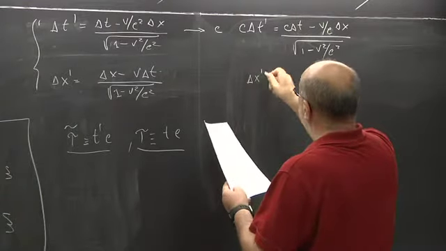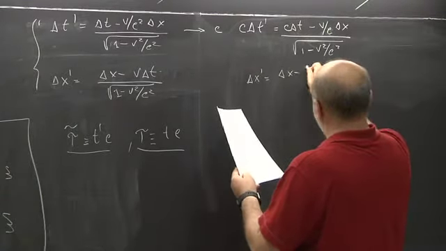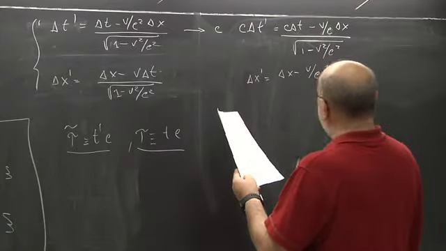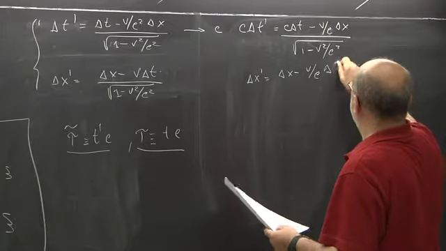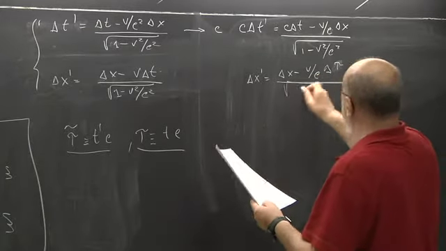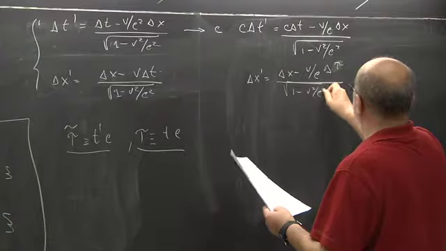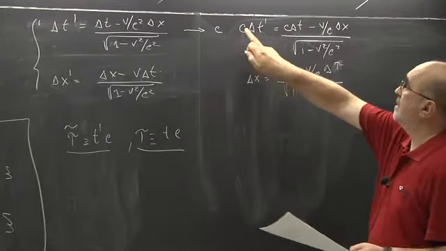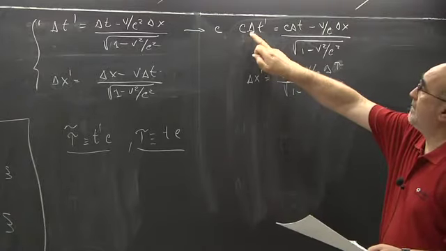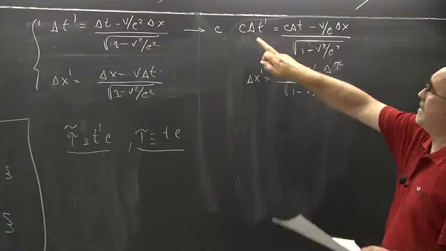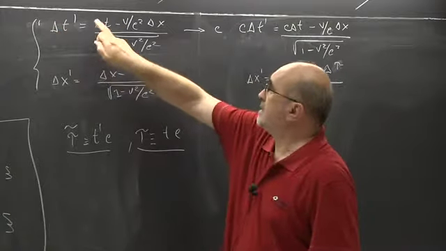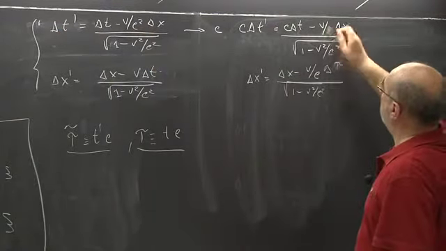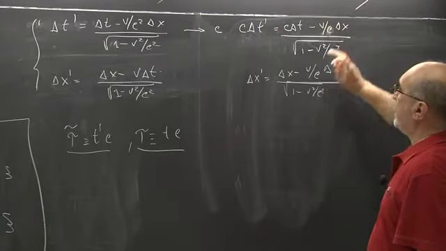Then we get delta x prime equal delta x minus v c delta t. I have multiplied the first by c, both sides, left and right hand side, and then v over c squared multiplied by c becomes v over c, and delta x.